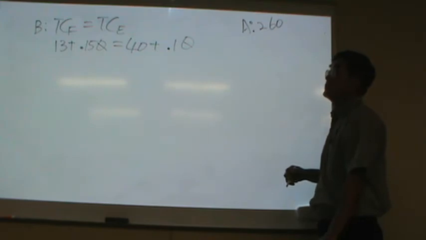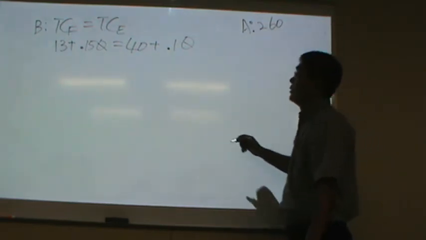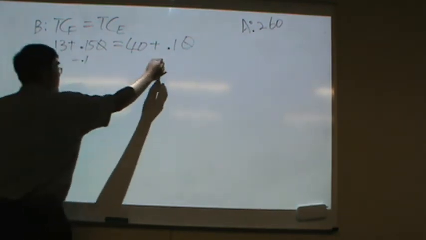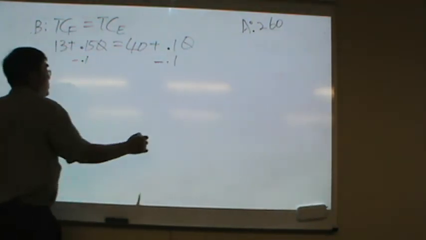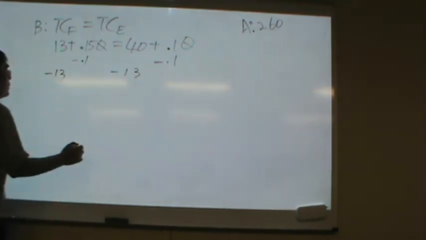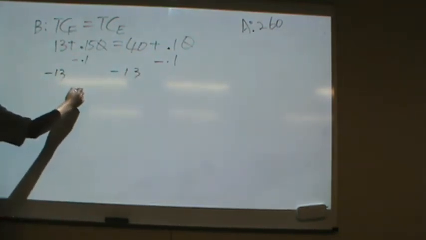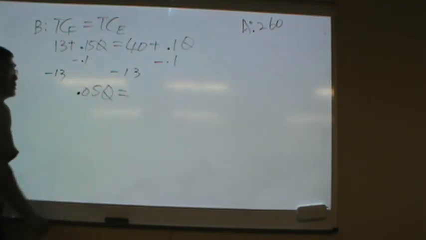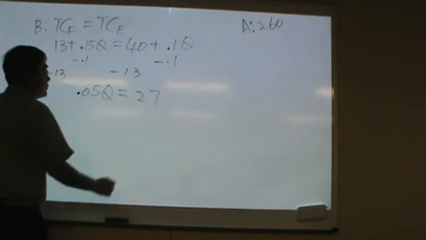Minus 0.1 Q, minus 13, then 0.05 Q equals 27.